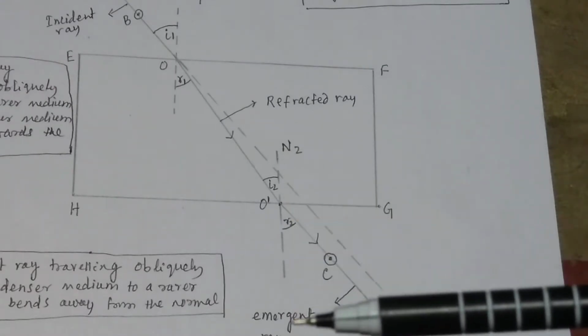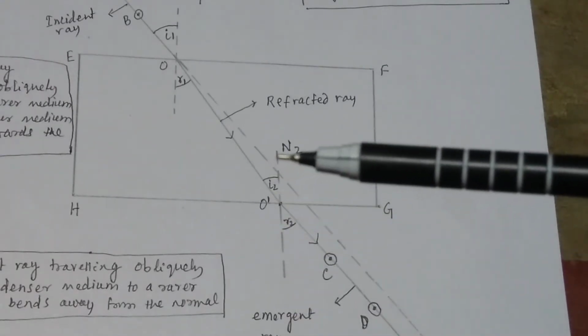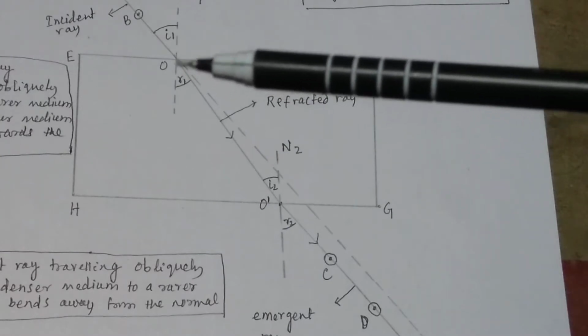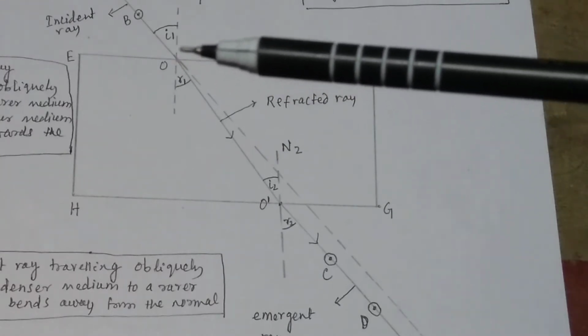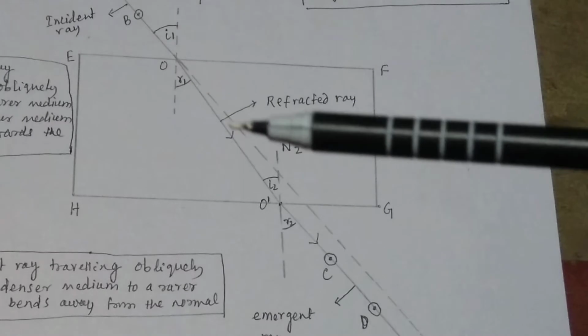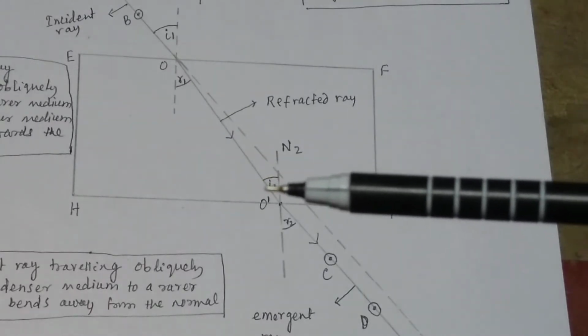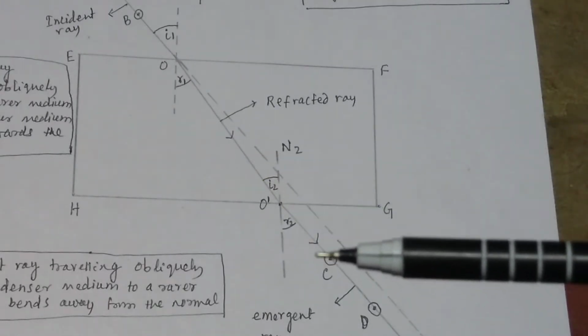Draw a perpendicular here. So you have two refractions. One refraction here from air to glass, another refraction here from glass to air.